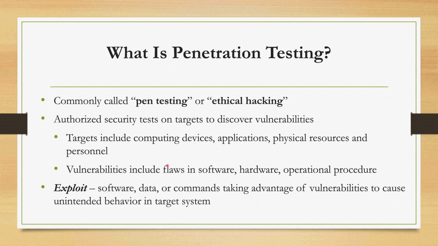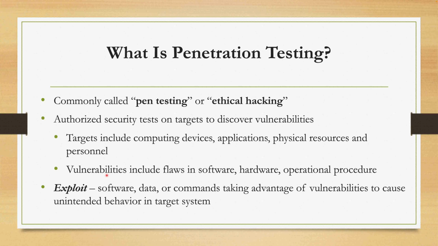Okay, so what are the targets here? I'm going to break it down into a few things. The first is computing devices, like servers, desktops, IoT devices, and network hardware. When it comes to applications, we have web, mobile, and desktop applications.